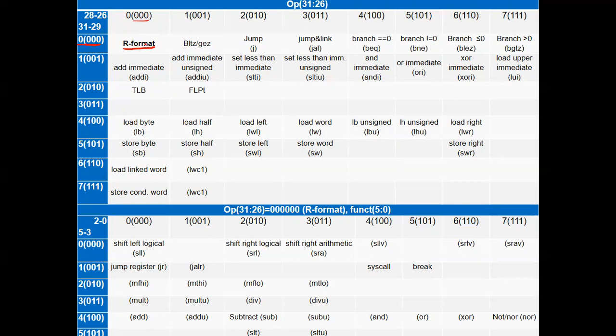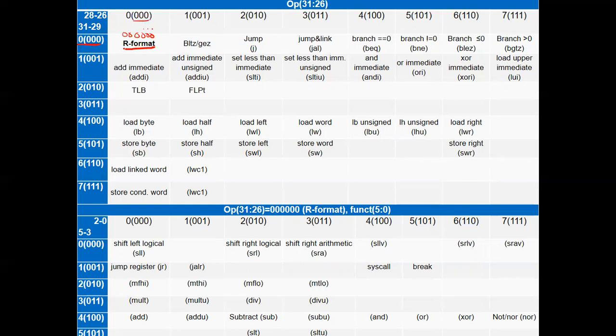So this means that the R format is 0, 0, 0. I take it from here. That's position number 26, 27, 28. And then 0, 0, 0. That's position 29, 30, and 31. That's the last position. So we have zeros in the R format.